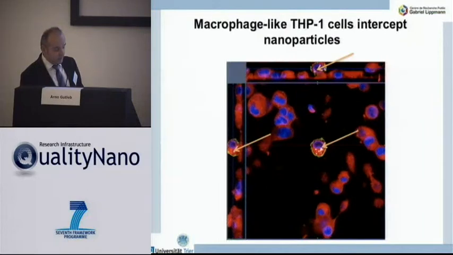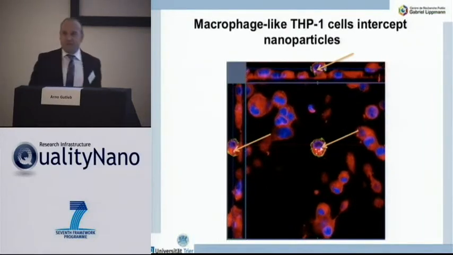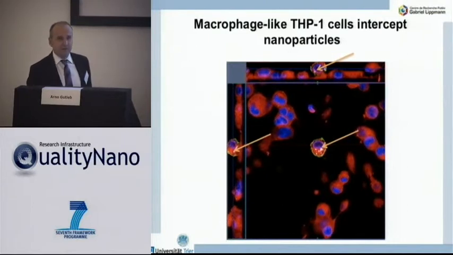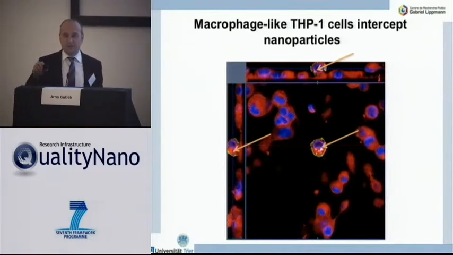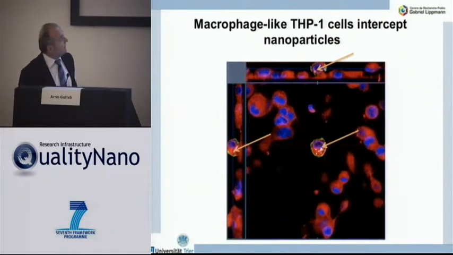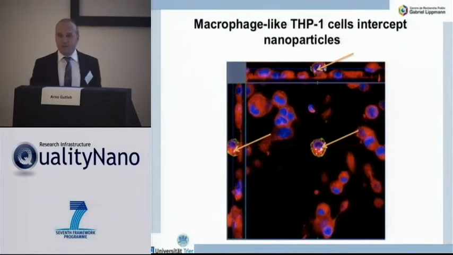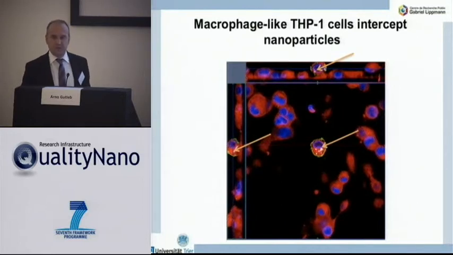And now comes after one slide the tricky part, and the boys from the technical support had to help me because there's a video embedded. What you see on this one is we wanted to know, do our macrophages really phagocytose if they get a particle? These white spots are agglomerations of nanoparticles that we got from Nanotest, the FP6 project that some of you may know from Maria Dusinska.